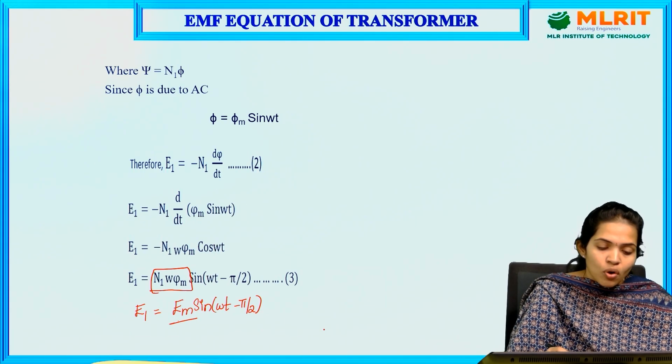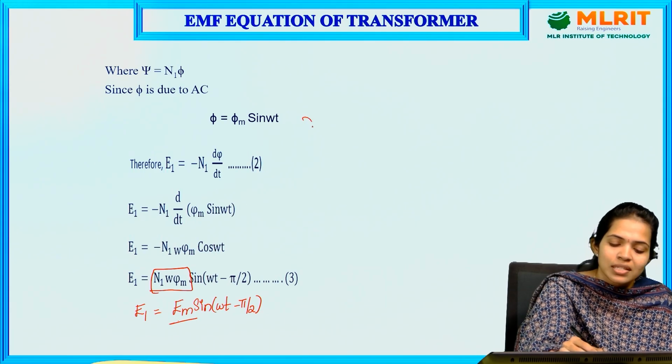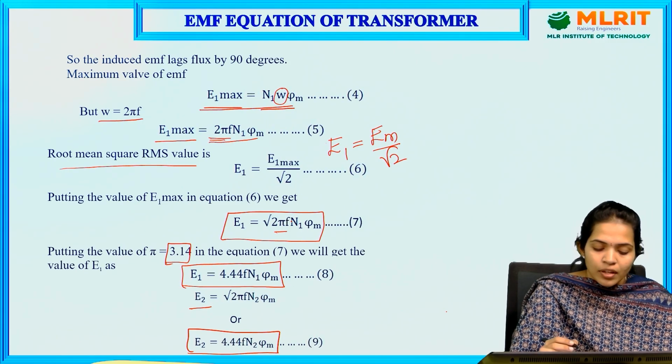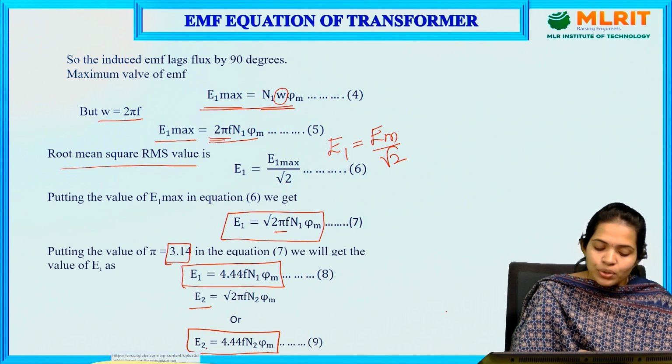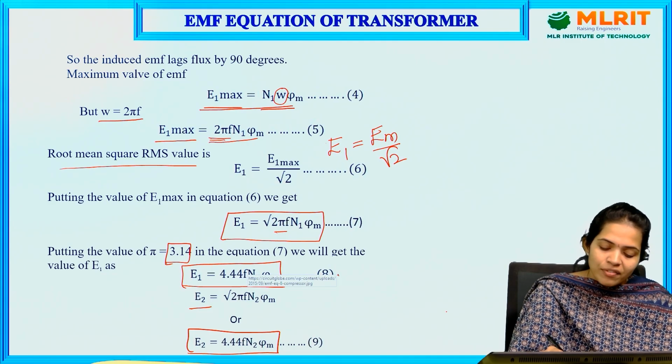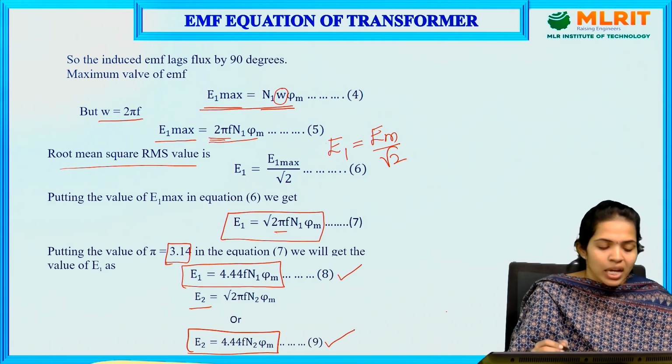Upon substituting all these values and deriving all these steps again for the induced EMF E2, we get the induced EMF E2 as 4.44 into f into N2 into phi m. So we have equation 8 and equation 9.